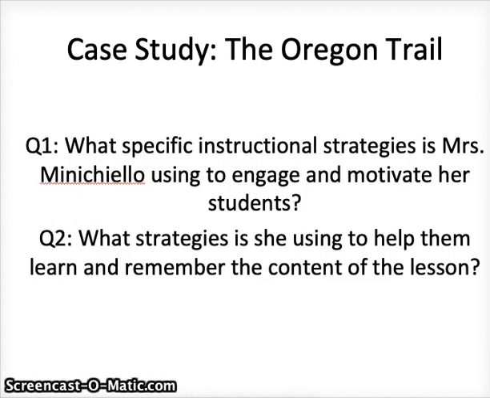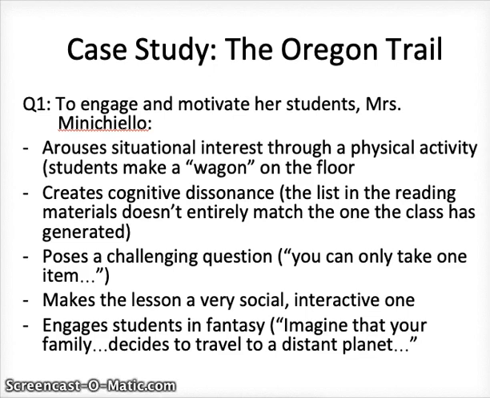Some of the strategies that the teacher uses to engage her students: she creates a wagon on the floor with masking tape so that they can actually see how big this wagon was that people traveled on.